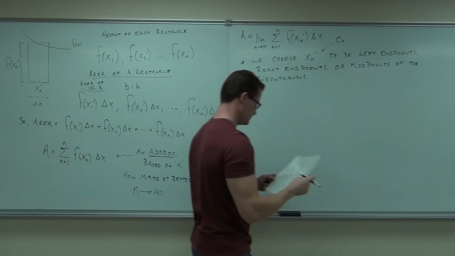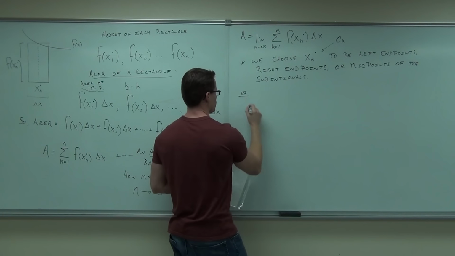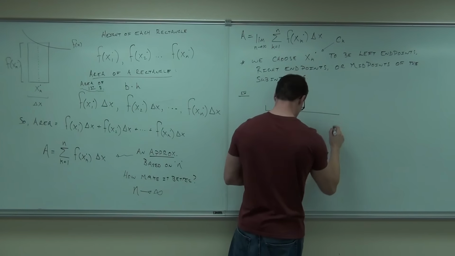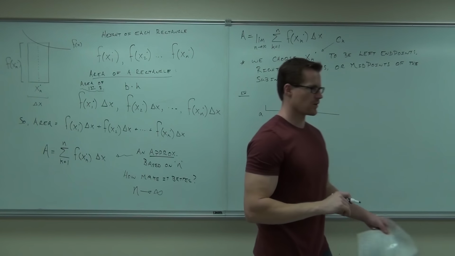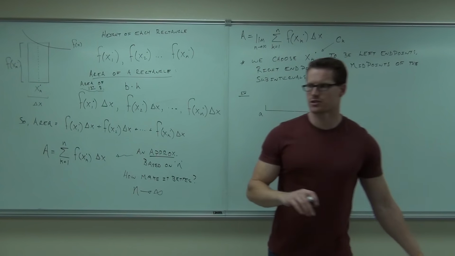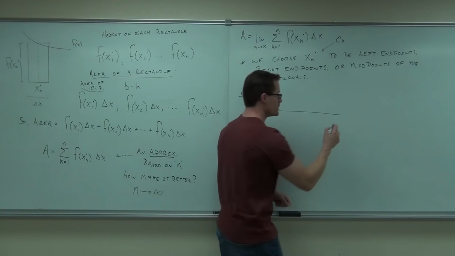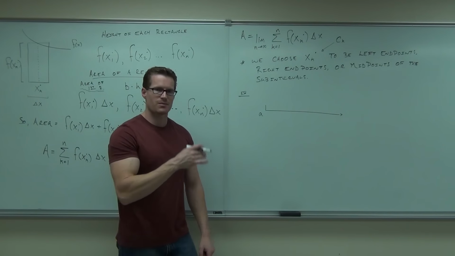Now here's how to do it. Let me give you an example. When you're talking about area, you're talking about a finite thing, right? Your area doesn't go on forever. It starts and it stops somewhere. It starts at A, it stops somewhere at B, wherever B happens to be. What we're doing here is we're starting to make cuts.